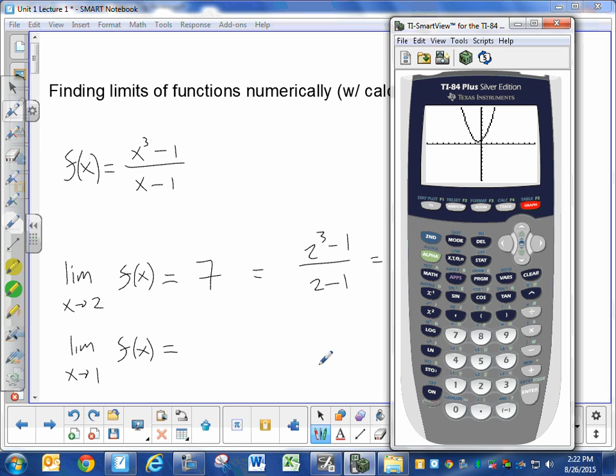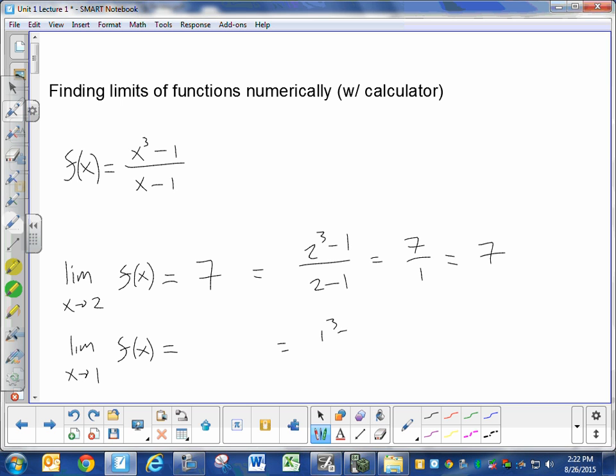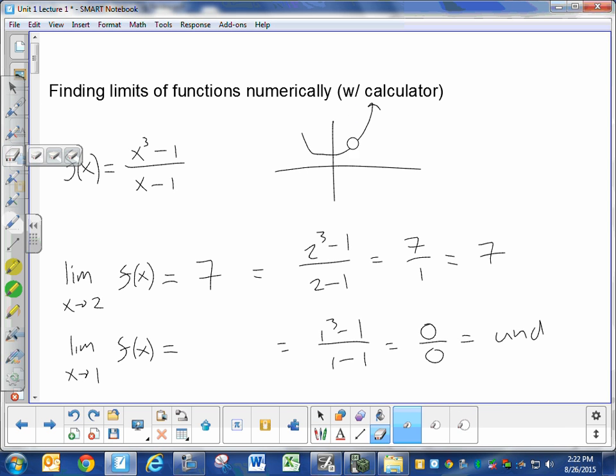When I plug in 1 into this function, I get 0 over 0, which is undefined. Turns out, if I graph this, instead of this being a smooth parabola, we would have an open circle here at 1.